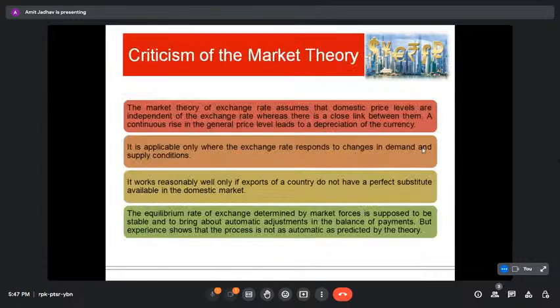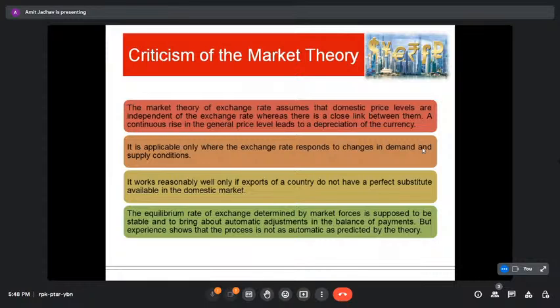Now we try to criticize this theory. There are some criticisms of this theory. First, the market theory of exchange rate assumes that domestic price levels are independent of the exchange rate, though there is a close link between them. A continuous rise in the general price level leads to depreciation of a country's currency.